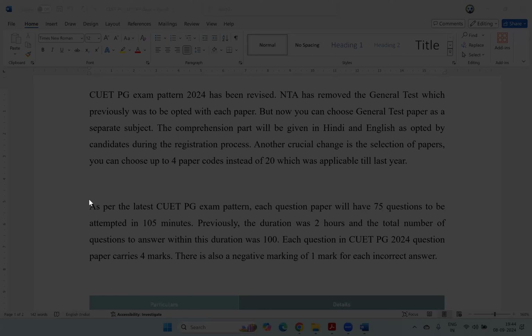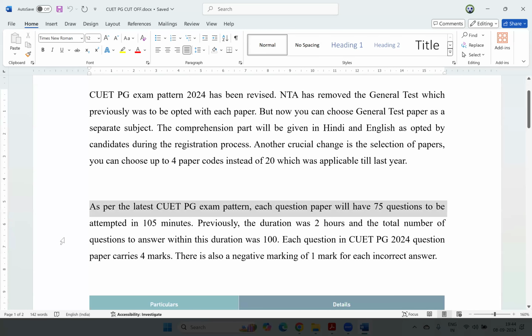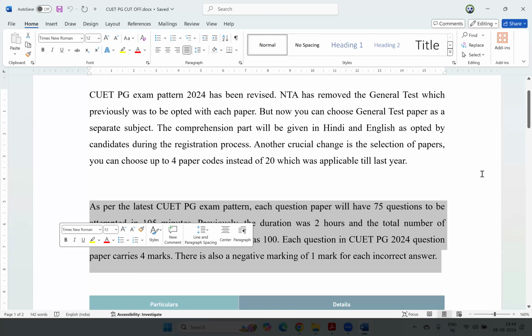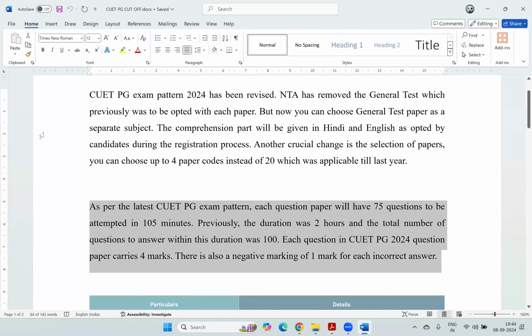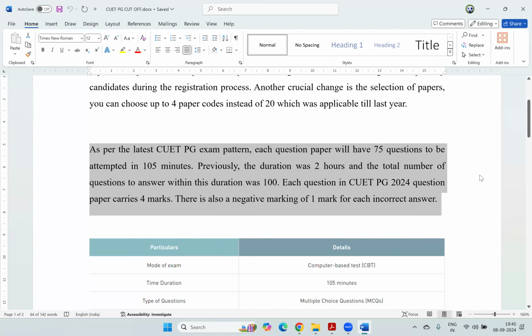So, as per the latest CUET exam pattern, each question paper will have 75 questions, to be attempted in 105 minutes. Previously it was a bit different. Each question in CUET 2024 will have 4 marks and there is negative marking of 1 mark.